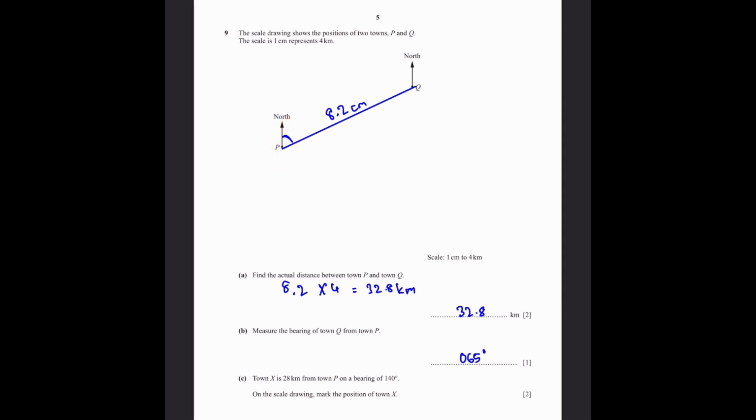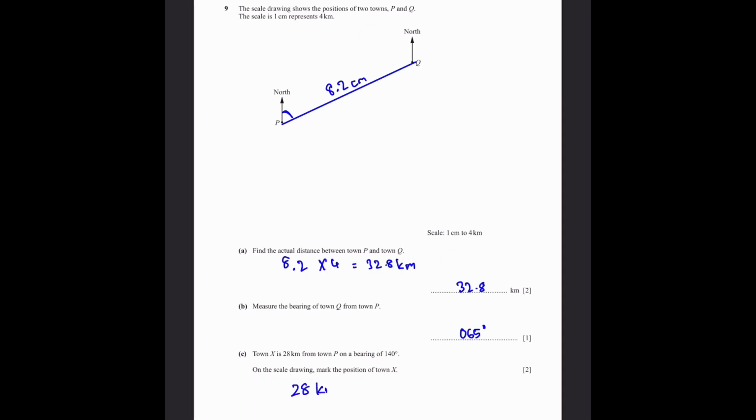Question C. Town X is 28 kilometers from town P on a bearing of 140 degrees. On the scale drawing, mark the position of town X. 28 kilometers is equal to 28 by 4, which is equal to 7, and that's 7 centimeters, because this is the scale. So you have to draw a line 140 degrees bearing and 7 centimeters long, somewhat like this.